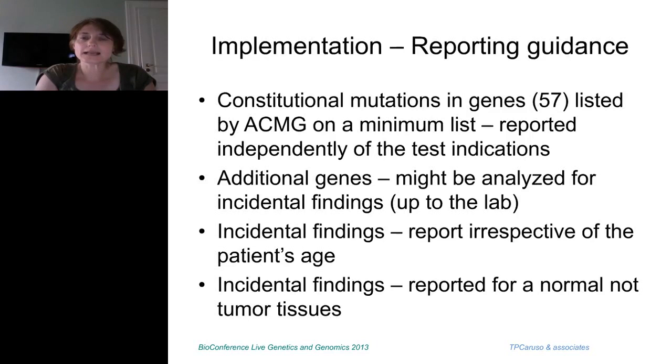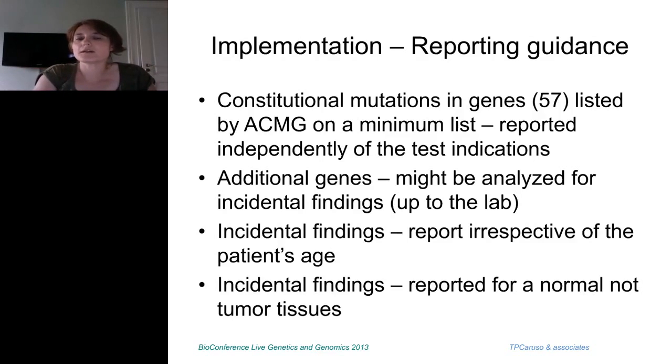The other, a little slippery slide, is the reporting guidance. And basically, if we have a list of mutations that need to be screened, either recommended by ACMG, that's fine. We're screening, we're reporting.